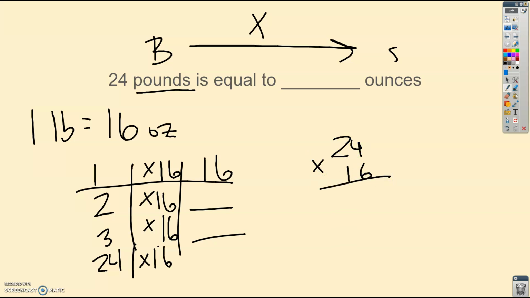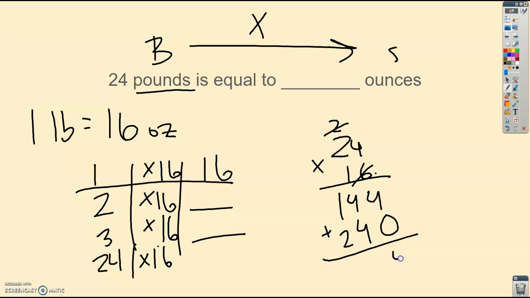So 6 times 4 is 24. And then 6 times 2 is 12, plus 2 more is 14. 1 times 4 is 4. 1 times 2 is 2. You add up your two partial products. You get 384. So that means that 24 pounds is equal to 384 ounces.